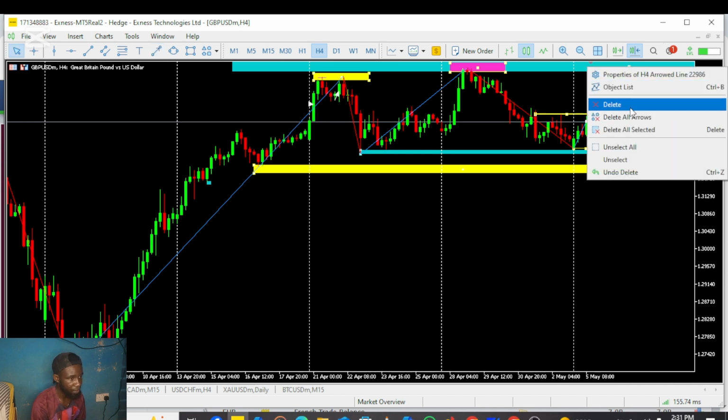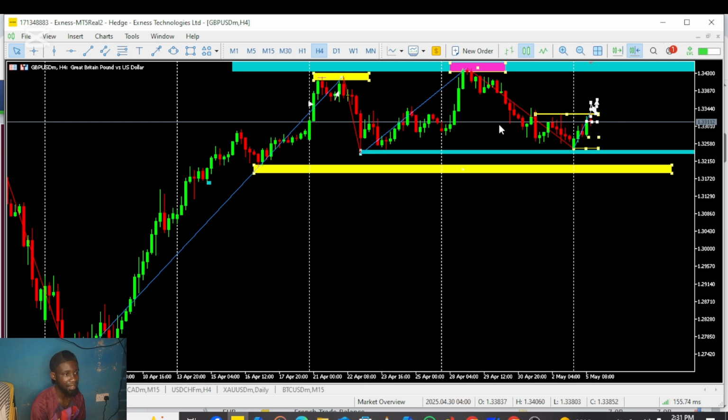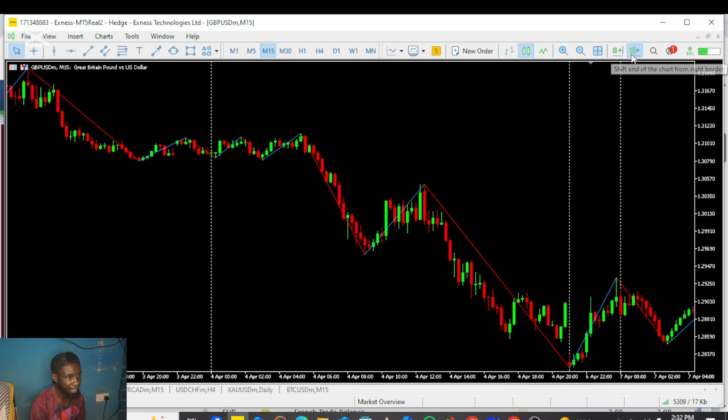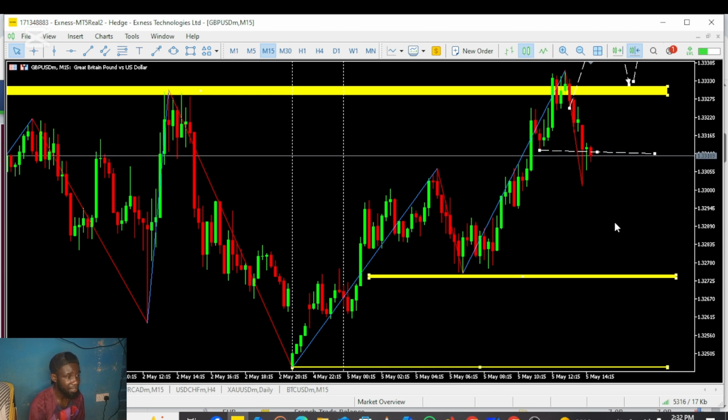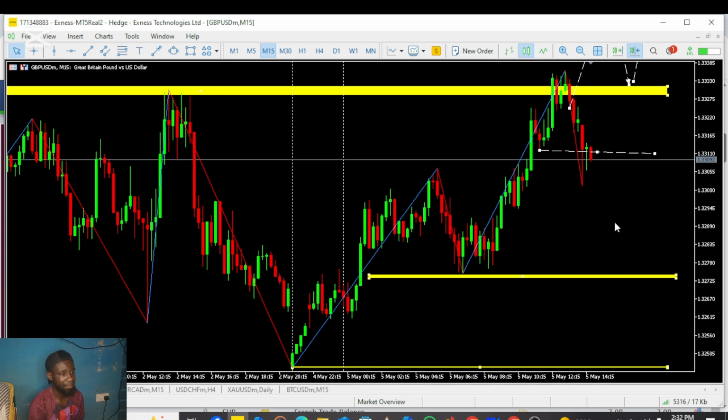So far as the market is in an uptrend, you cannot trade against the trend. So the only thing you can do over here is patiently wait for a buy setup which the market will give us.